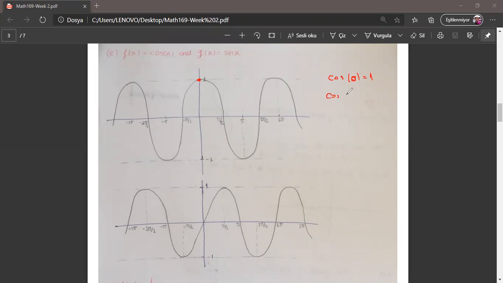And cosinus k pi, for any integer k pi, it gets -1. Not for every integer, but for the odd integers.